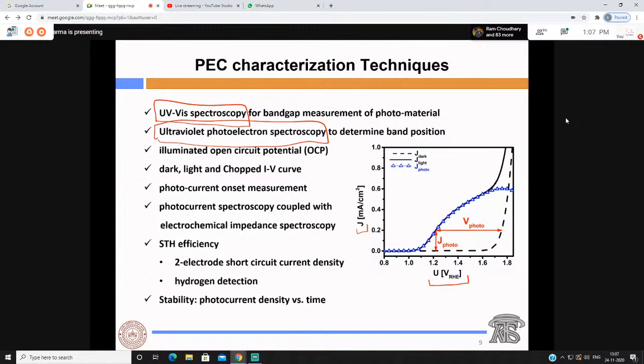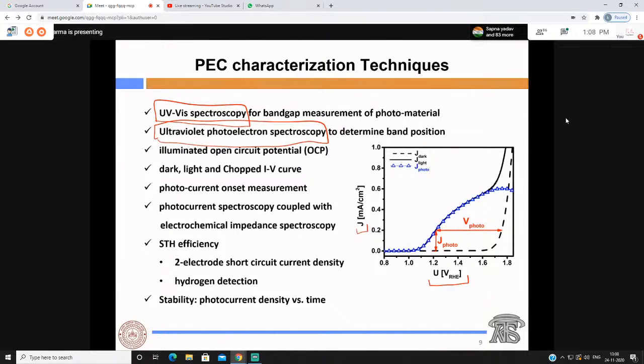First, we do the study in the dark condition. We do not apply any solar energy. The black dashed line is the response of the material for the electrochemical reaction for water splitting. Here we are interested in the oxygen evolution reaction, that's why we are moving in the positive direction.